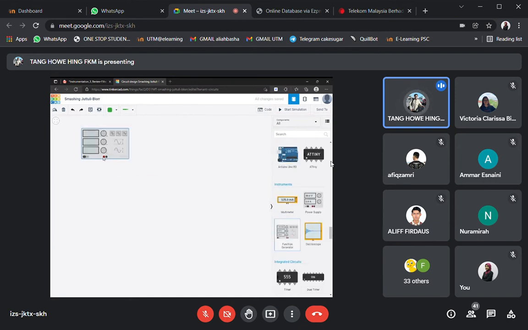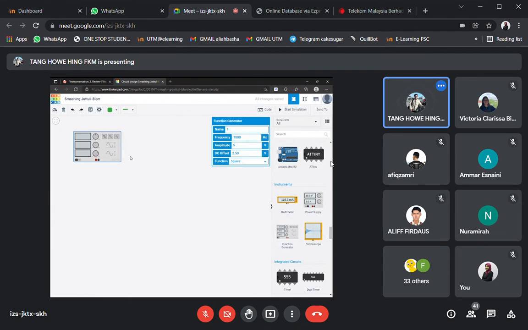Okay, here this is the function generator, and on this function generator, I'm going to set this to 1000 hertz, that is 1 kilohertz, and then we have an amplitude of, let's say, 1 volt. And then DC offset should be 0. So that means this sine wave has an amplitude of 1 volt, centered around 0.